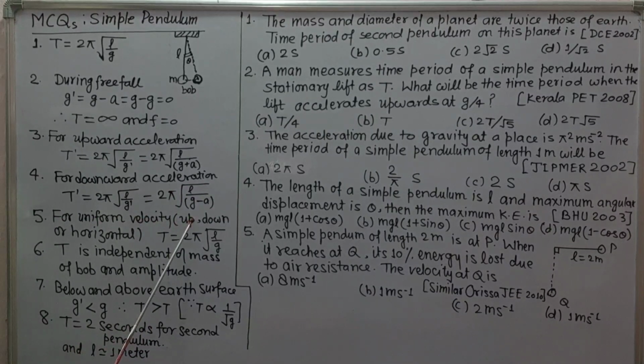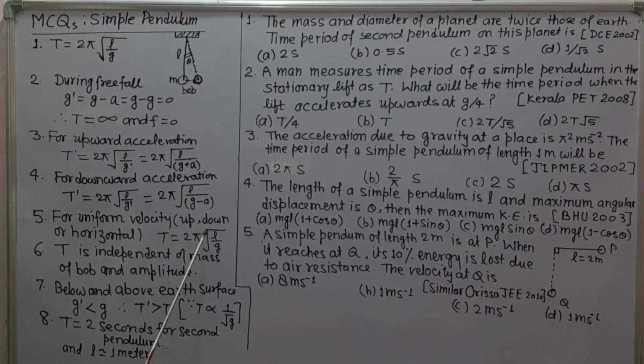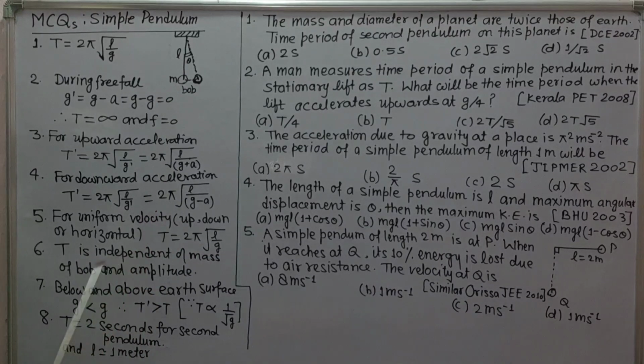For uniform velocity up or down or horizontal, T remains same as T is equal to 2 pi under root L upon g. Next, T is independent of mass of bob and the amplitude.